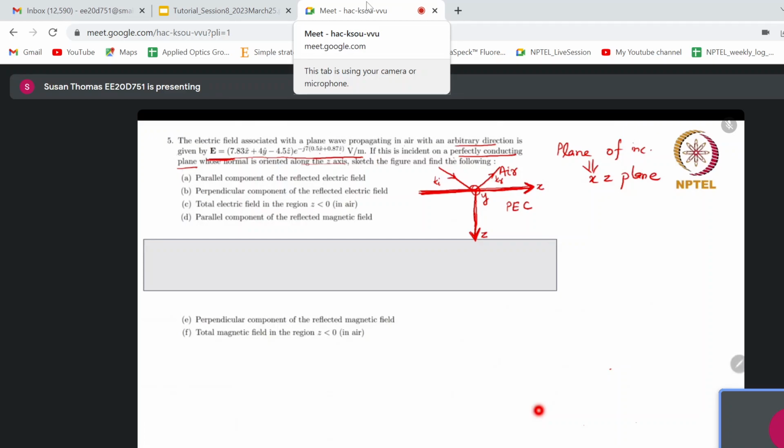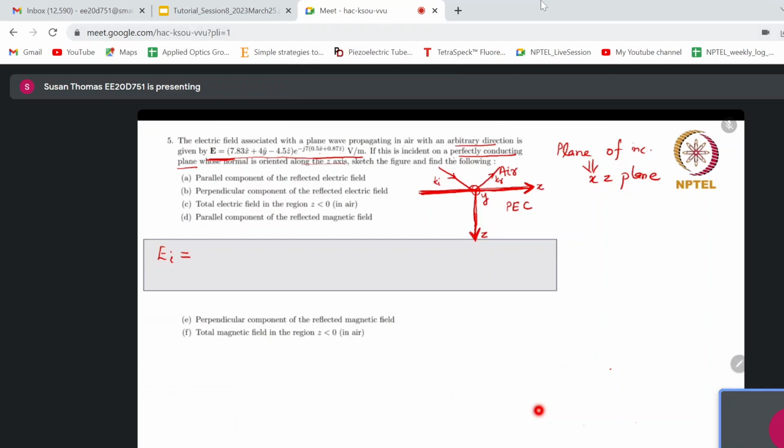What is our understanding from this electric field equation? This is our incident electric field, what is given in the question. That incident electric field will have a parallel component and a perpendicular component. We see that it has x, y and z components. Which is the parallel component and which is the perpendicular component?